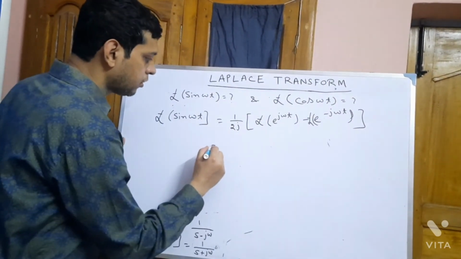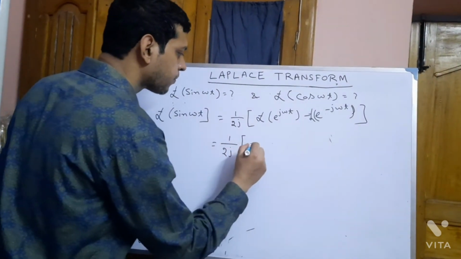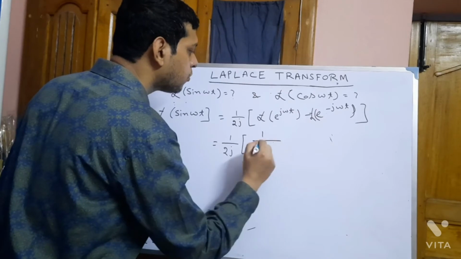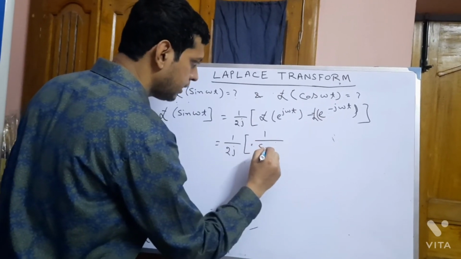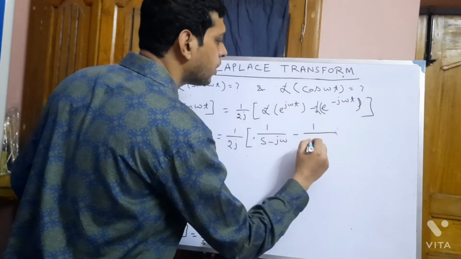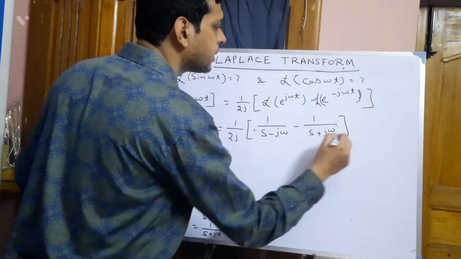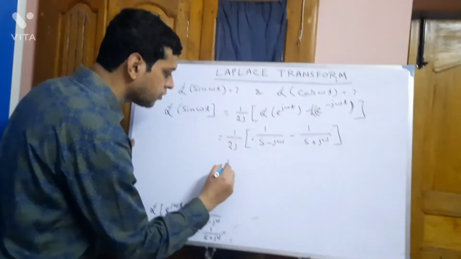Okay, this is equal to 1 by 2j into 1 by s minus j omega minus 1 by s plus j omega.